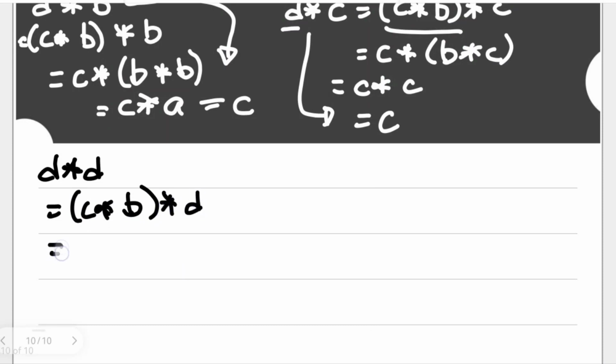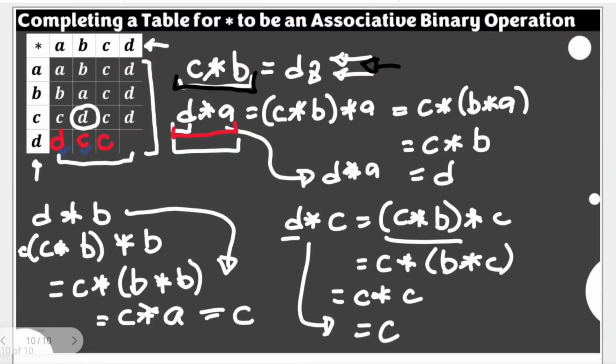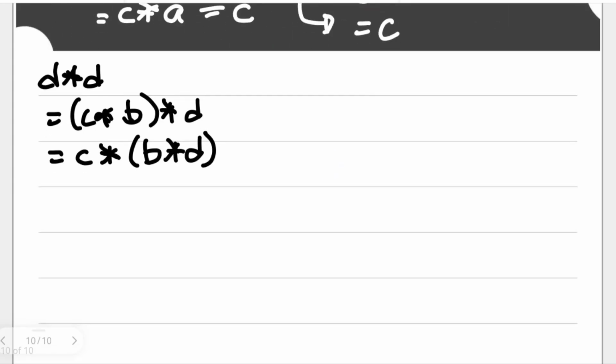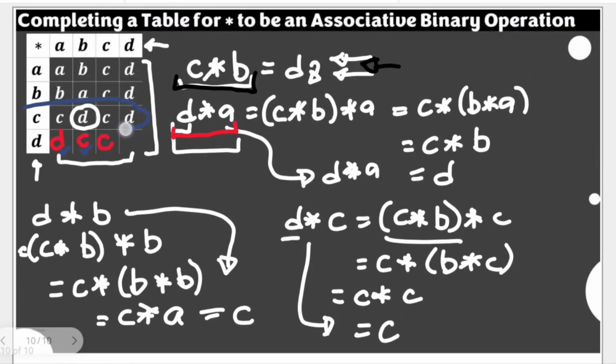Then regroup C star B star D. The B star D is here. You have B star D is D, right? Okay. So this is D. So you will have here C star, the result is D. And when you operate C star D, you would see here C column and D's row.